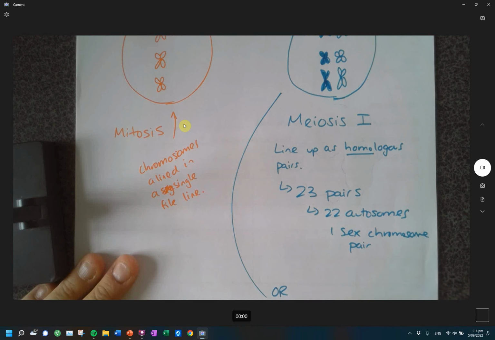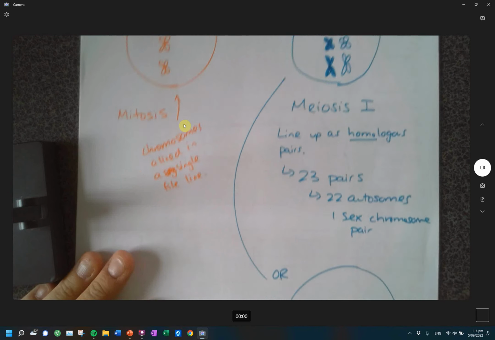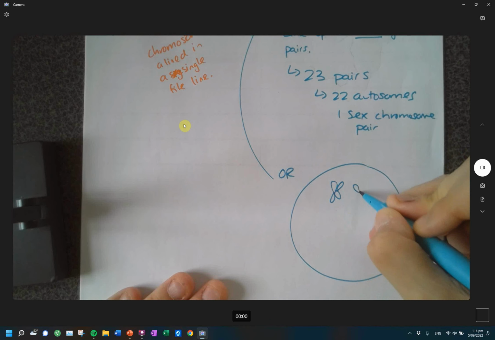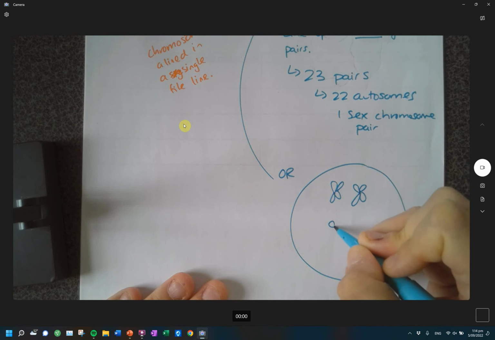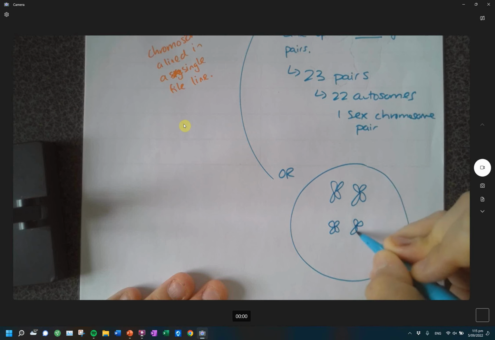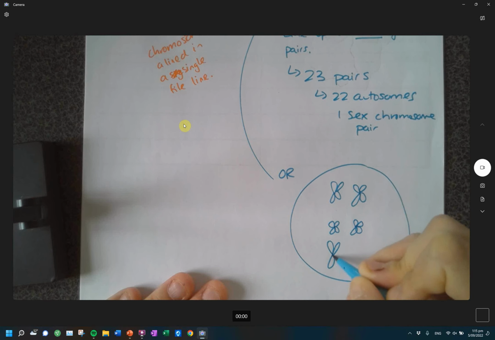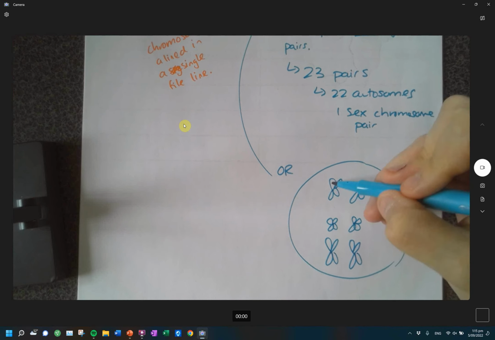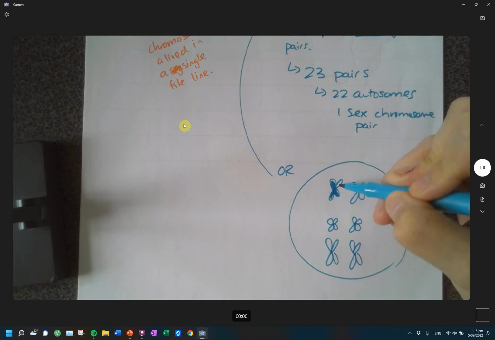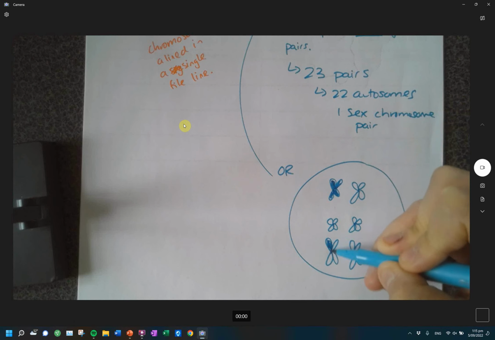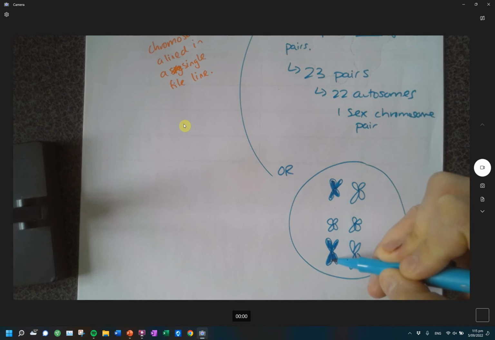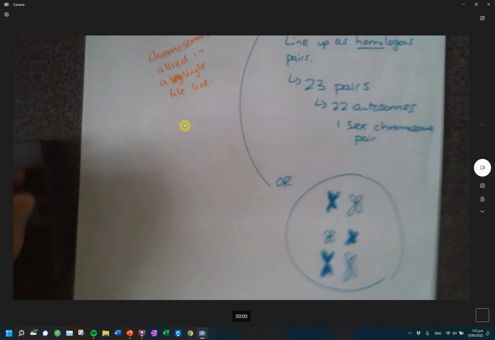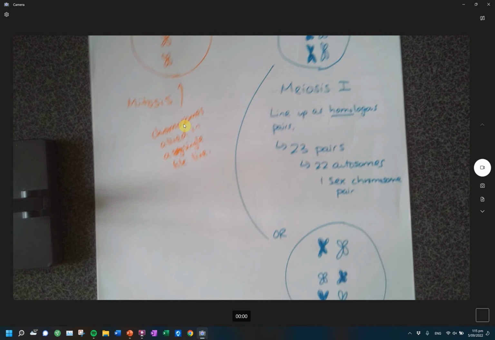Or I could have it so that they align differently. Let's say I have this example: these two dark blue ones have aligned on the same side, but this dark blue one's on the other side. So you see how these are two possibilities?